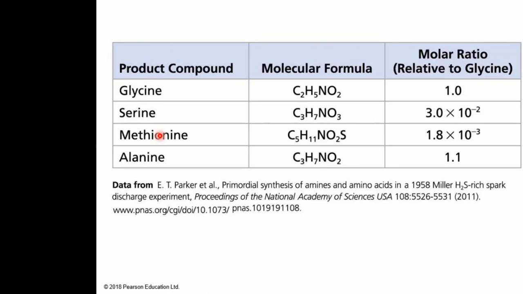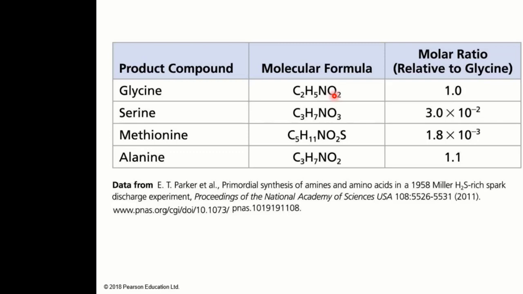Yes, you can. So the eventuality is that when you also talk about the product compound, the molecular formula, like I said, you don't need to worry yourself much about the ratio. But for glycine, serine, and methionine, you just know the formula, the molecular formula.